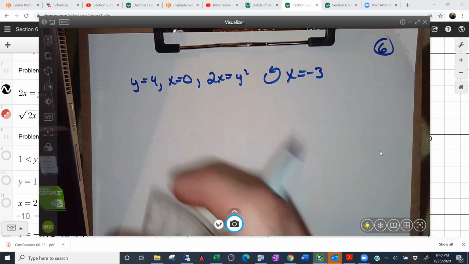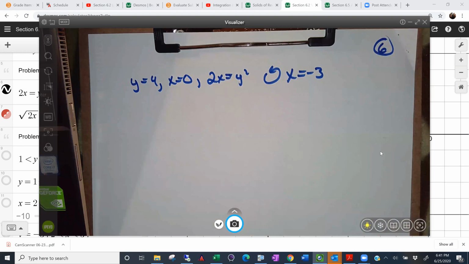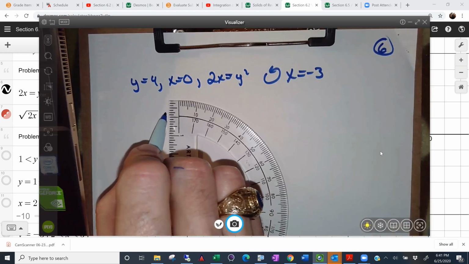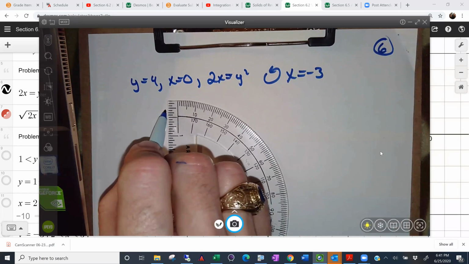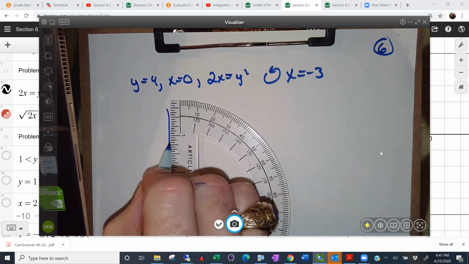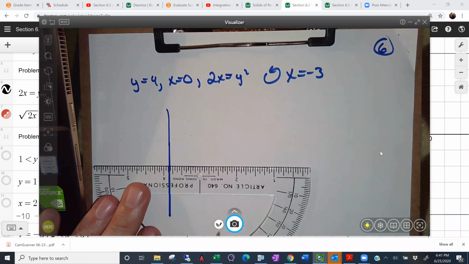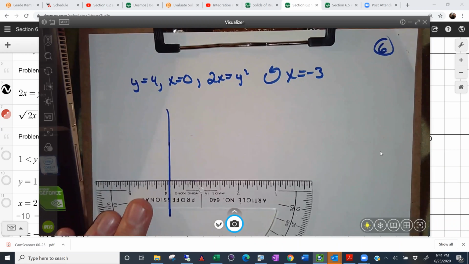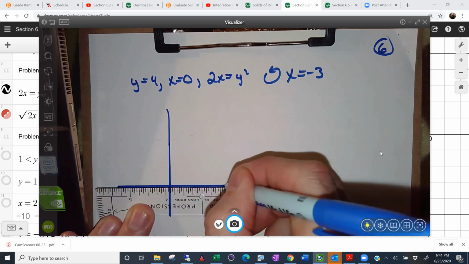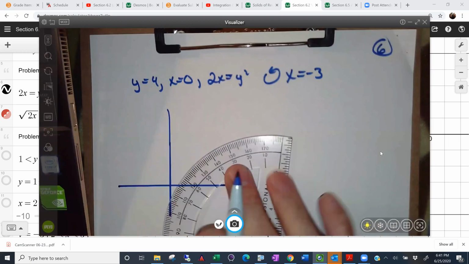All right, so I got to get busy and draw myself some graphs here. Let's use this one. Here. And want my region again.